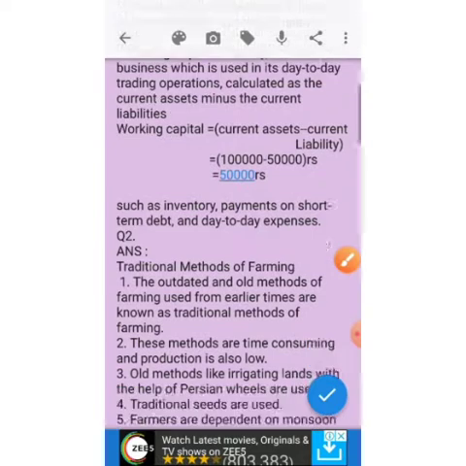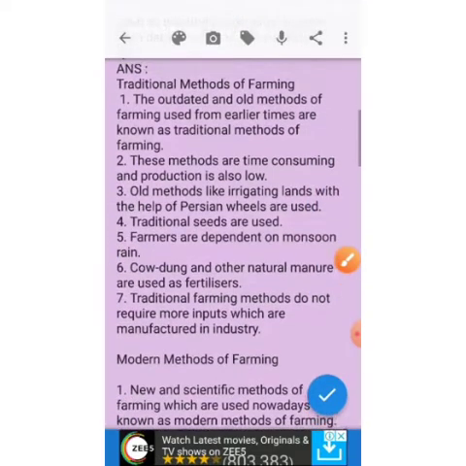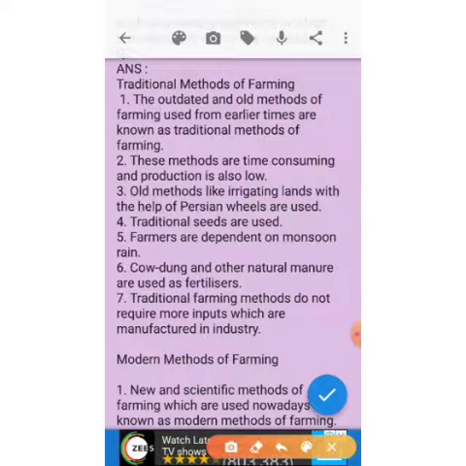Second question is differentiate between traditional farming method and modern farming method. Traditional farming method: first, the outdated and old methods of farming used from earlier times are known as traditional methods of farming. Second, these methods are time consuming and production is very low.